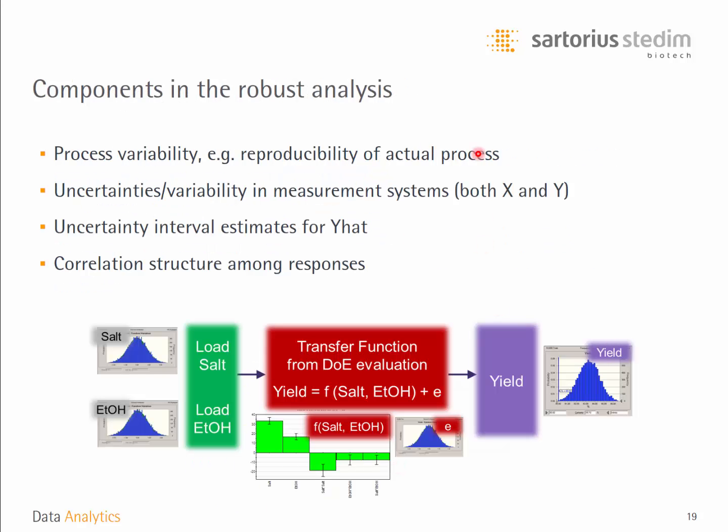We have also discussed and seen in operation some of the basic ingredients contributing to making robust optimization a reliable approach. We have to consider process variability, the reproducibility of the actual process. We are considering uncertainties and variabilities both in X and Y. We are also considering the uncertainty interval estimates for the predicted Y. There are different ways to express the uncertainty.